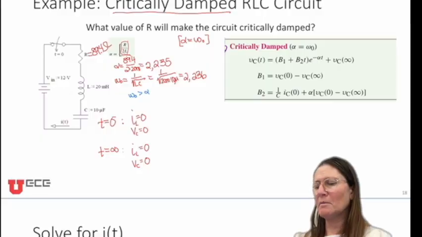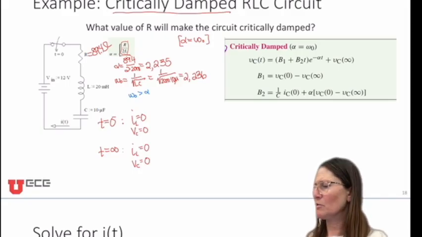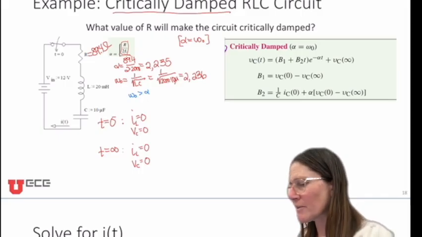So wait, I must have done something wrong. Characteristic equation, B. IC of 0. Okay, so this is IL of 0.